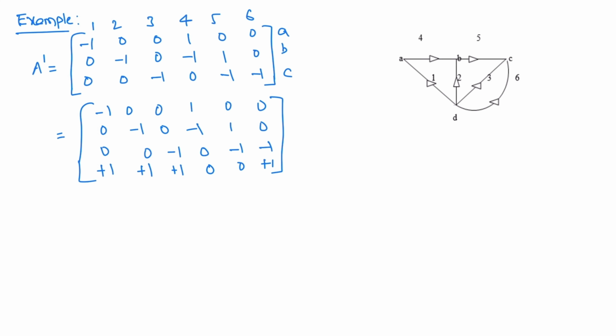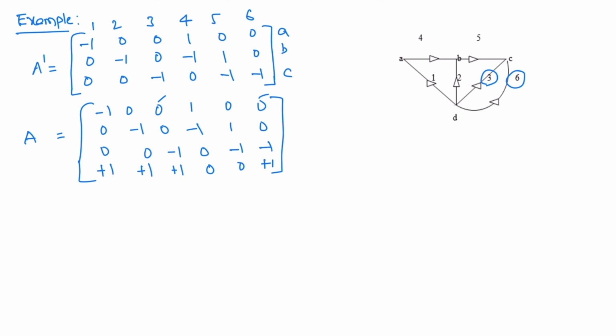Now see, from this incident matrix A, column 3 and column 6 have the same elements: 0, 0, minus 1, plus 1 and 0, 0, minus 1, plus 1. So this is 3 and 6.